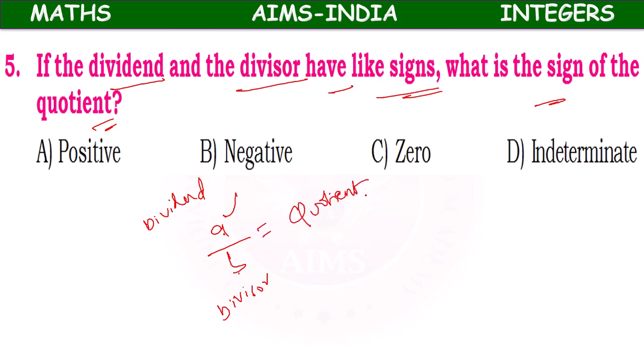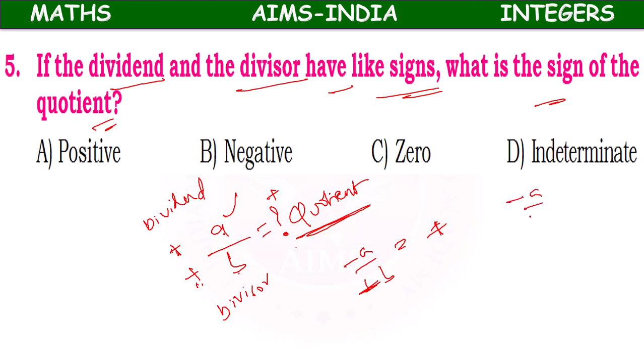We will get the quotient. Now they are asking what will be the sign of the quotient if they have like signs. If both of them are plus, the quotient will be plus. Or if both of them are minus, then also the quotient will be plus, because minus minus cancel.